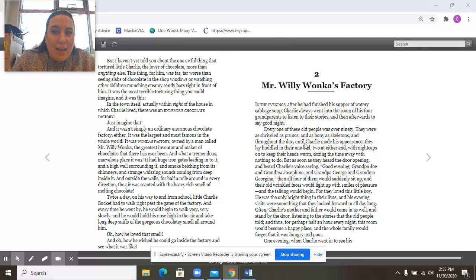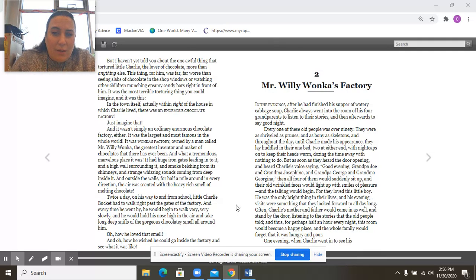And throughout the day, until Charlie made his appearance, they lay huddled in their one bed, 2 at either end, with nightcaps on to keep their heads warm, dozing the time away, with nothing to do. But as soon as they heard the door opening and heard Charlie's voice saying, "Good evening, Grandpa Joe and Grandma Josephine and Grandpa George and Grandma Georgina," then all 4 of them would suddenly sit up and their old wrinkled faces would light up with smiles of pleasure, and the talking would begin.